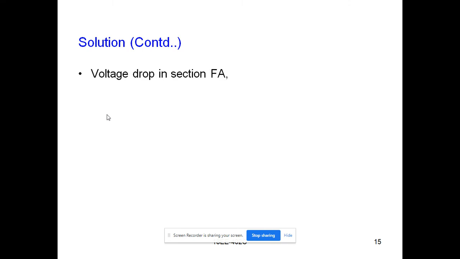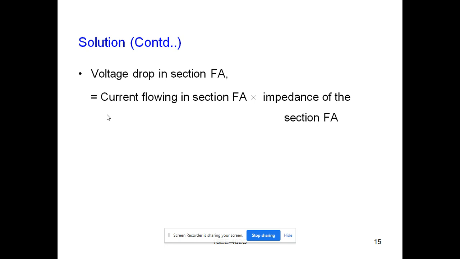Now we have to find the voltage drop in section FA. In order to find the voltage drop, we know the voltage drop formula is I into Z. So we know the current flowing in section FA, and also the impedance of section FA. By multiplying both, we get the voltage drop in section FA.